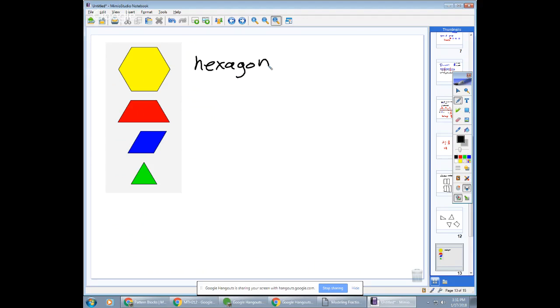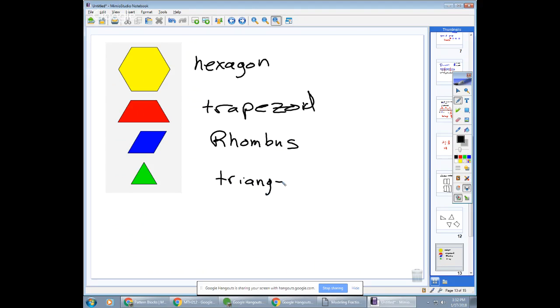The trapezoid. And the blue thing? Rhombus. A rhombus, nice. And a triangle. More technically, it's an equilateral triangle, but we'll just call it triangle for now. We're just naming them so we can differentiate between the things. Depending on the age group, you can just call them the yellow shape, the red shape, the blue shape, and the green shape.